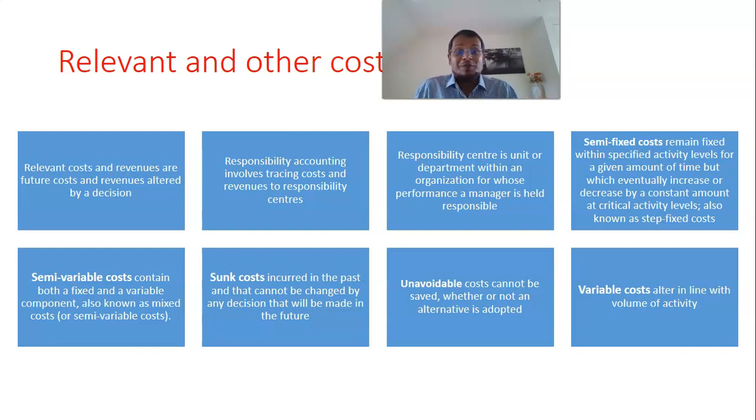Okay, but I'm not responsible for the investment. Investment decisions come from the head office. So it can be the sales department, the marketing department, the accounts department. The chief of the accounts department will only be responsible for the cost and revenue of the accounts department. A sales manager will be responsible for the sales department only. So that's the responsibility center.